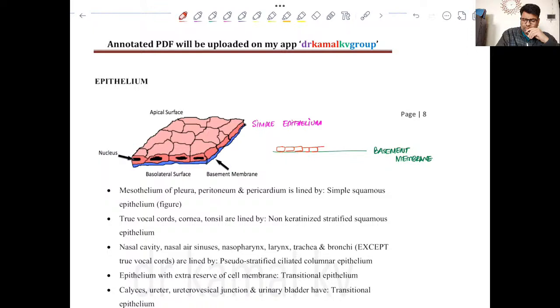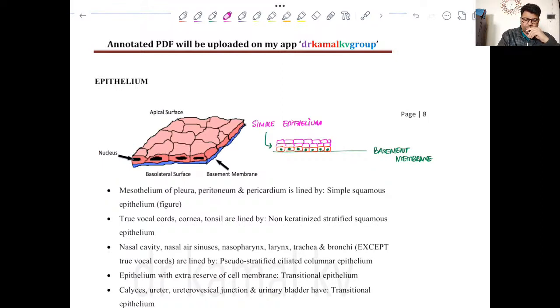So this is known as simple epithelium, and they all have nucleus. Clear? This is simple epithelium. Now if there are multiple layers like this, if there are multiple layers, it becomes stratified.